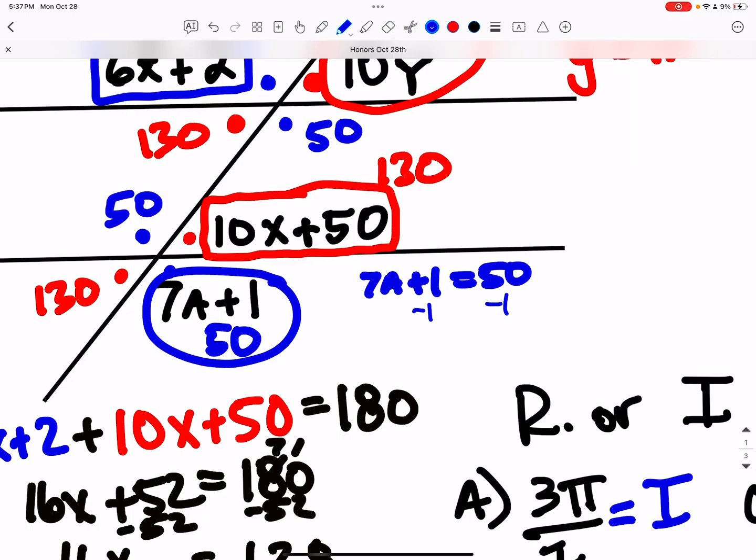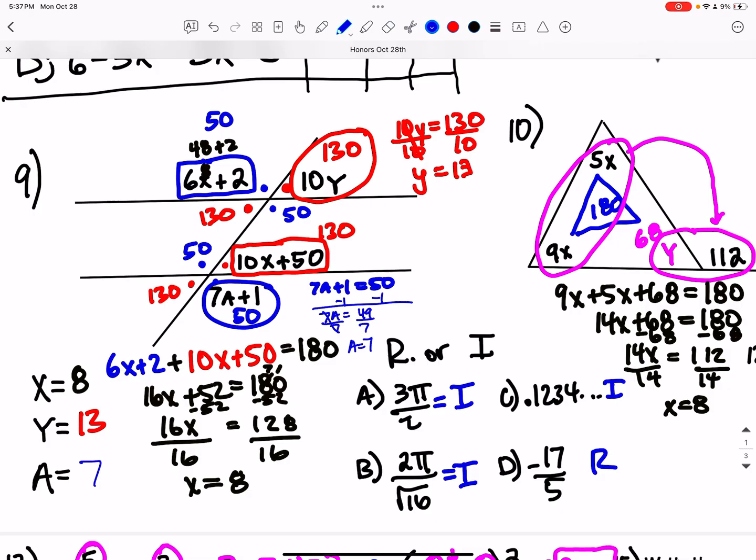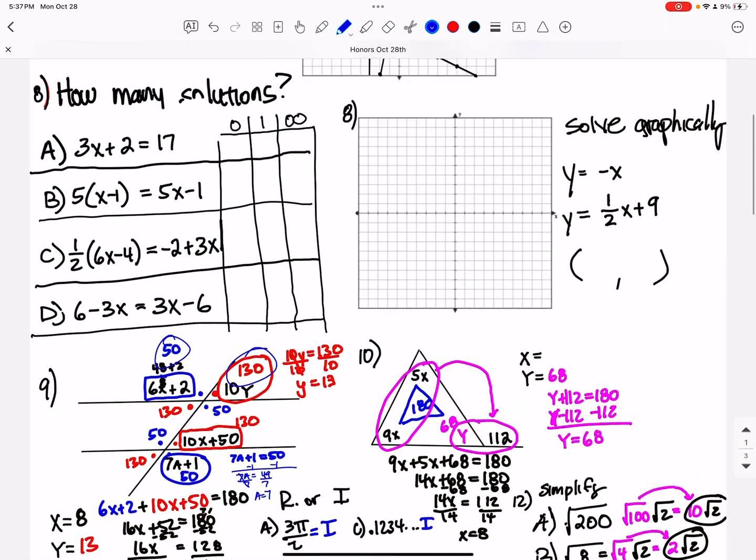Minus 1, 7 A's equal 49. Divide by 7, and A's equal 7. All right, so yeah, I didn't ask you how much the blues and the reds were, but you needed to know blues were 50, reds were 130, and that helped you solve all the rest of them.